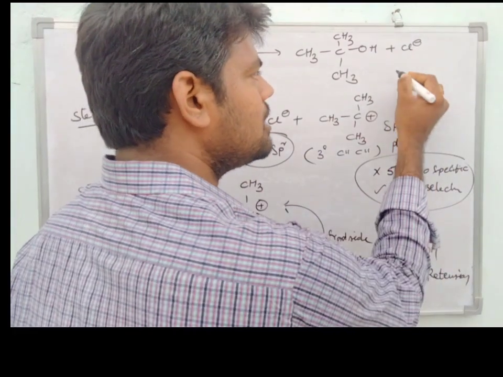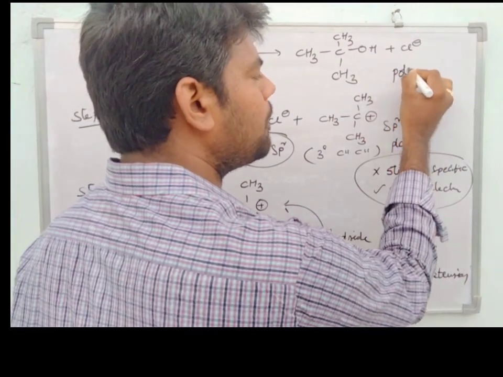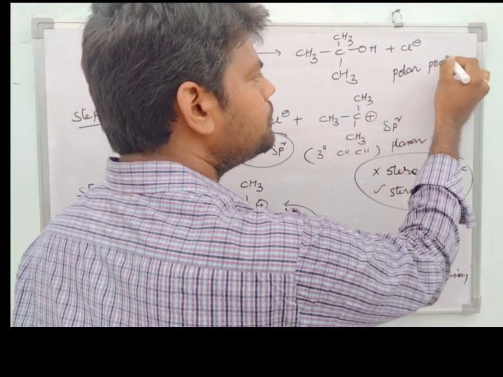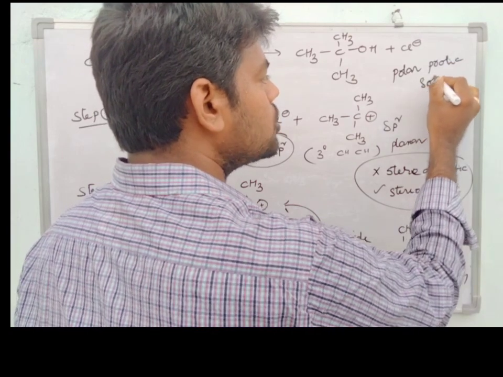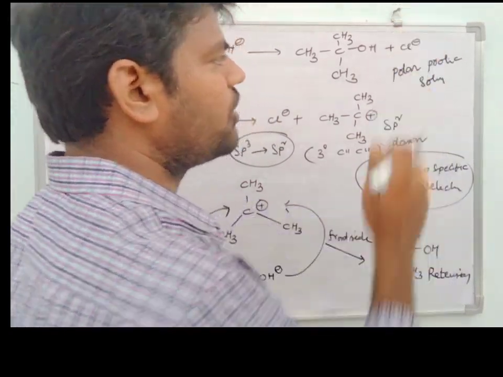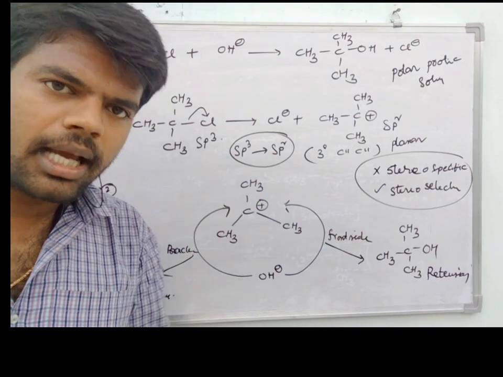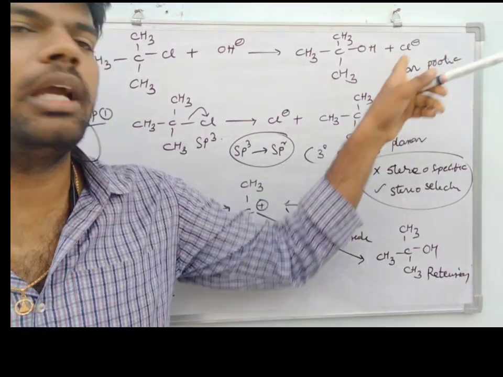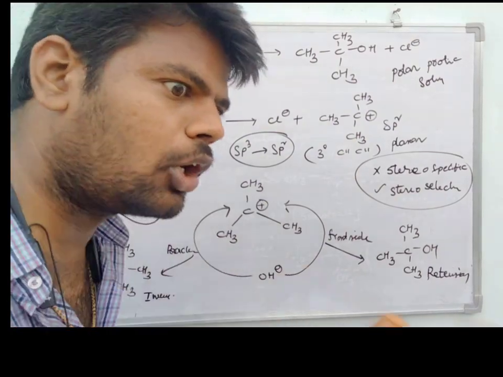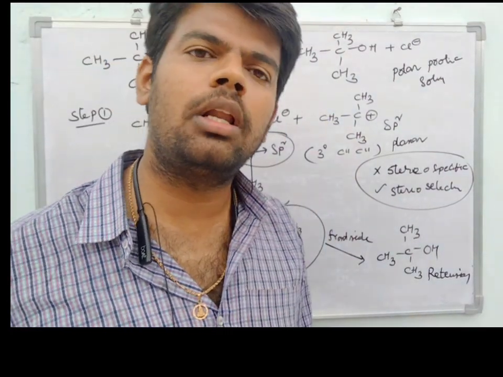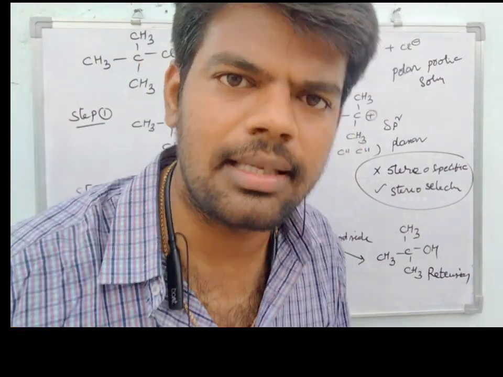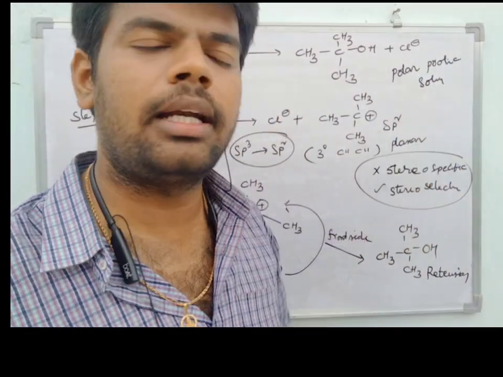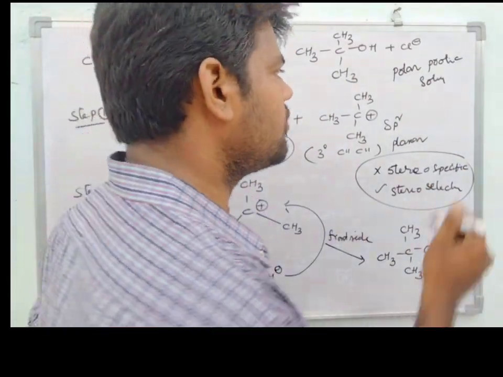Another important point: the SN1 mechanism is only done in the presence of a polar protic solvent. This is one of the important terms, friends. Generally, the SN1 mechanism is mainly done in the presence of a polar protic solvent. Protic means proton donor. The solvents that donate a proton very easily are where the SN1 mechanism takes place.